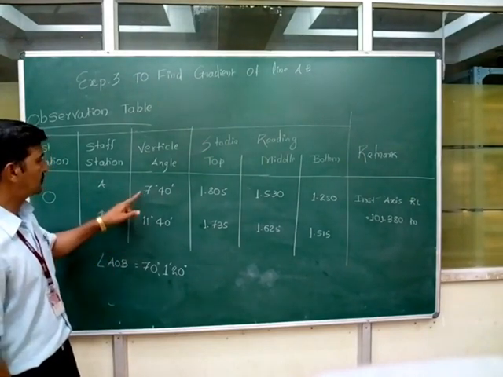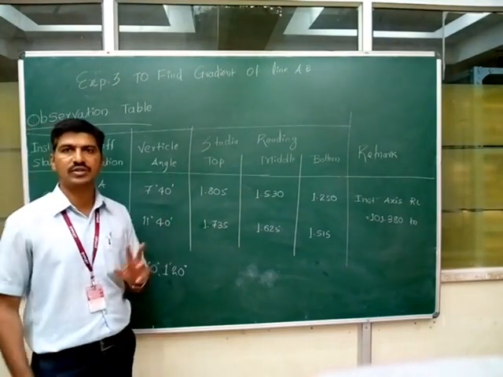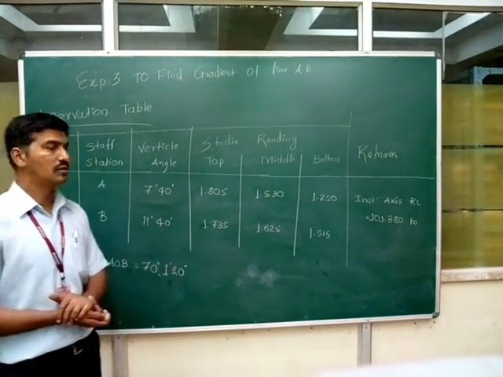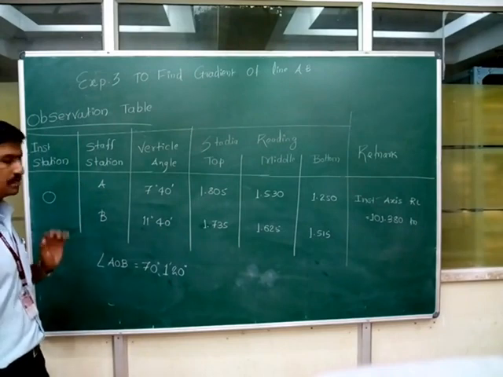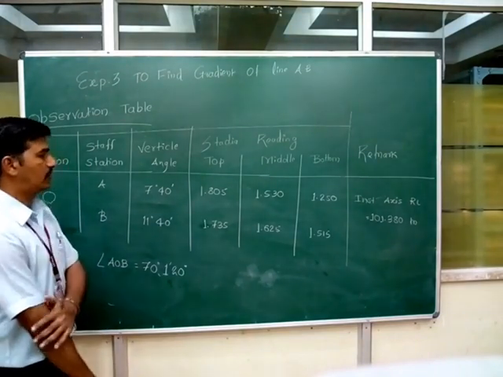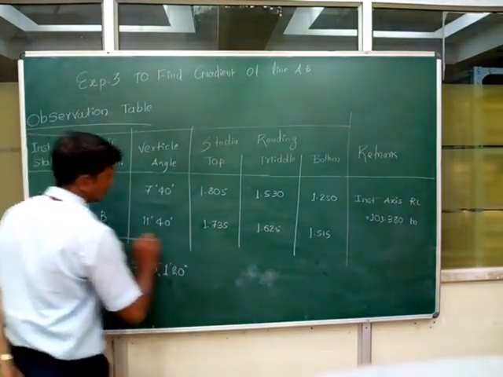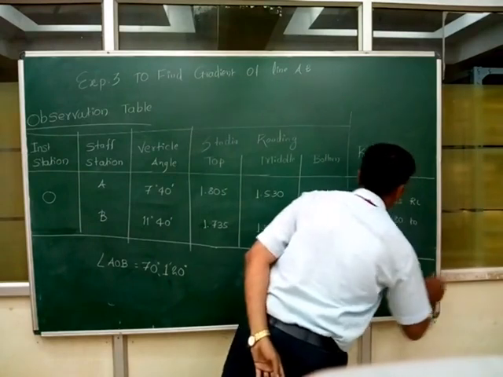If you look at the vertical angles, both are elevation angles. So, considering the elevation angle formula, calculate RL A and RL B. Once we have calculated them, we have to find the distances OA and OB.